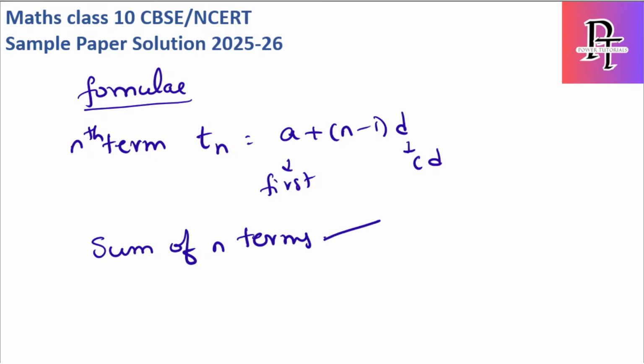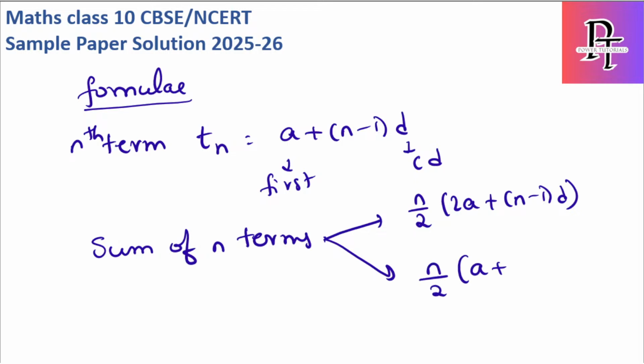For this we have 2 formulas: Sn equals n by 2 into 2a plus n minus 1 into d, where n is the number of terms, a is the first term, and d is the common difference. And the second formula, n by 2 into a plus l, where a is the first term and l is the last term.